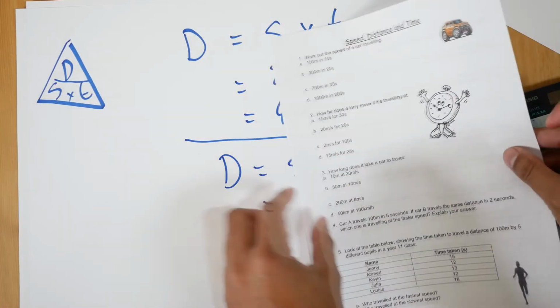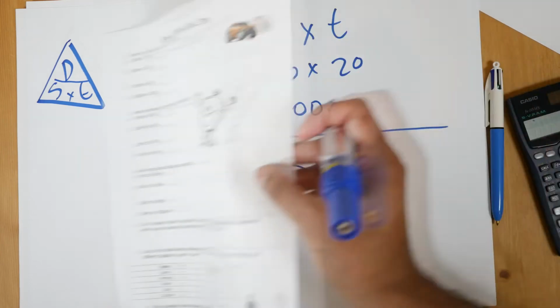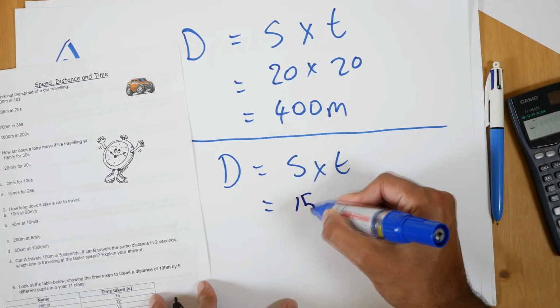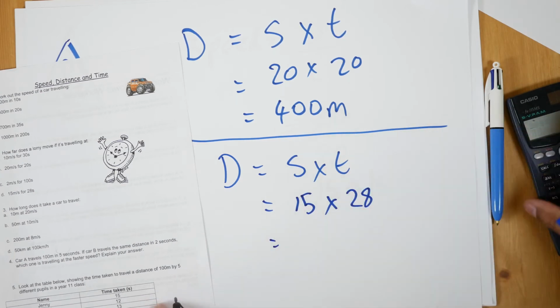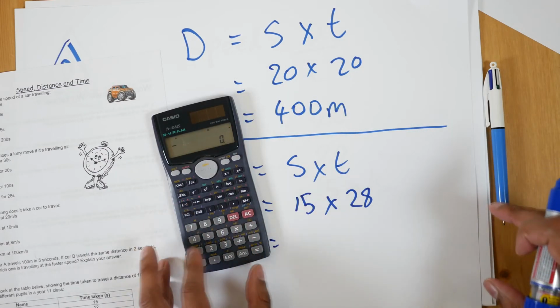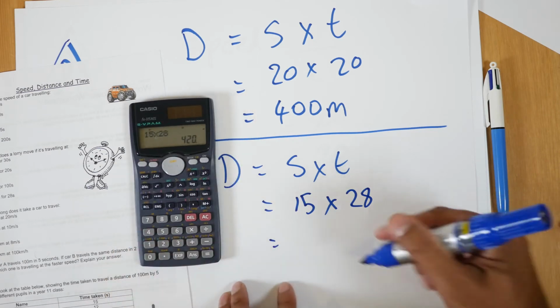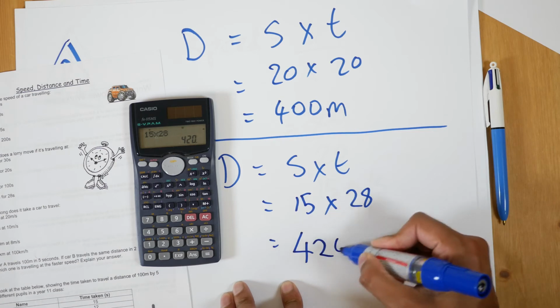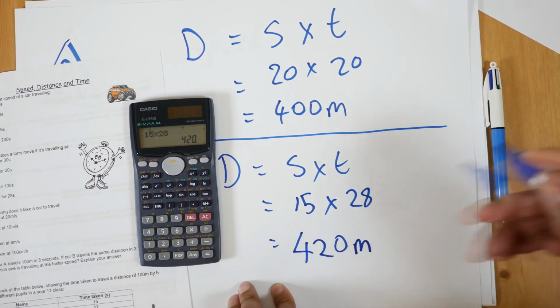It's 15 meters per second for 28 seconds. So we write 15 here times 28 seconds. Get the calculator out. 15 times 28 is equal to 420.